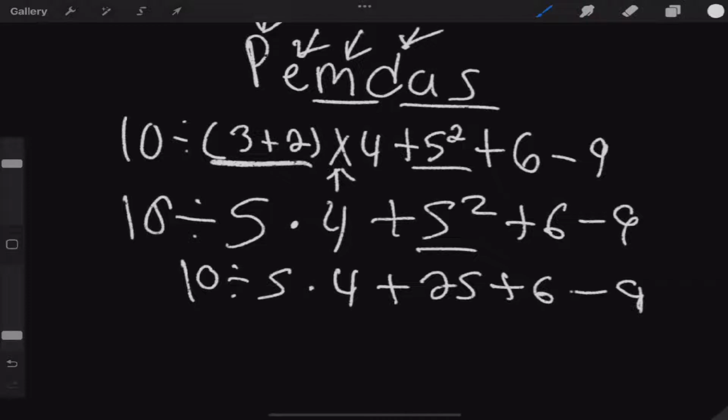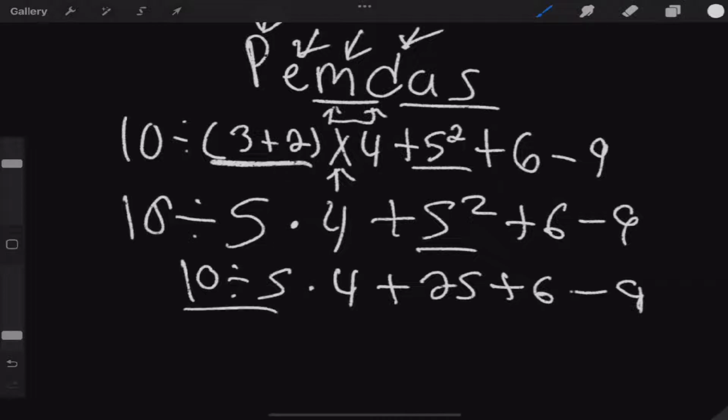This D stands for division. These two are interchangeable. Whenever you get to the M and the D, you just solve from left to right. You don't go in a specific order. Like, you don't do multiplication first, go through and pick out all the multiplication, and then do division. You solve from left to right when you do multiplication and division.